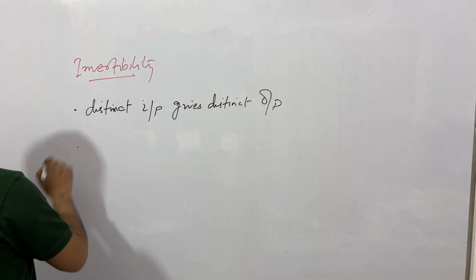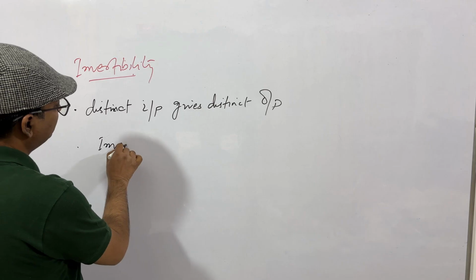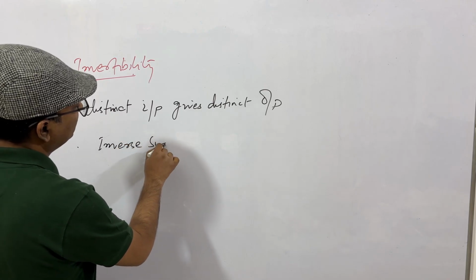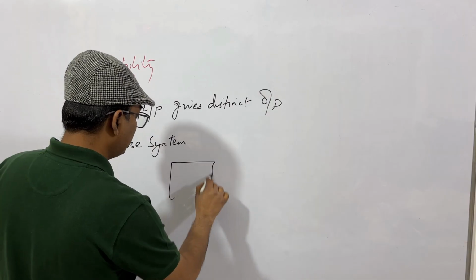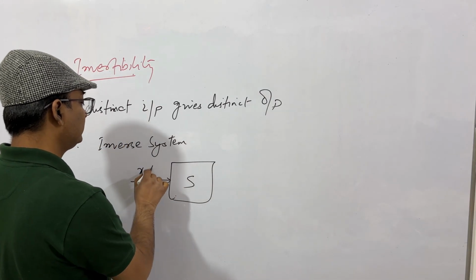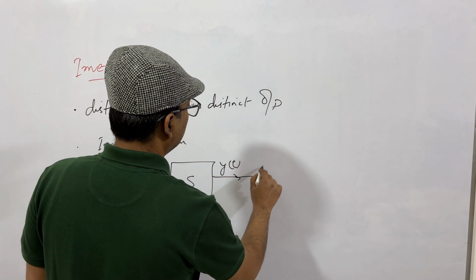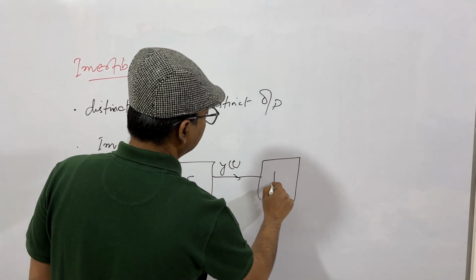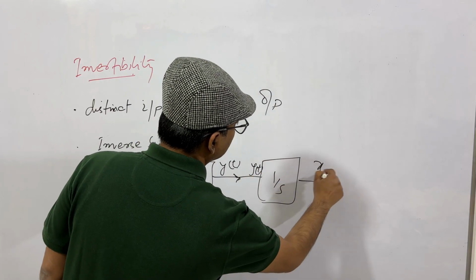So if the system is invertible, then we have an inverse system. What is this inverse system? I'll explain by diagram. Let's say this is our system S. It takes x(t) and gives y(t). Now we can have an inverse system which takes y(t) and gives x(t).